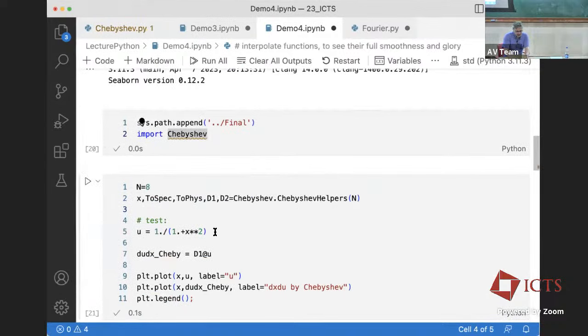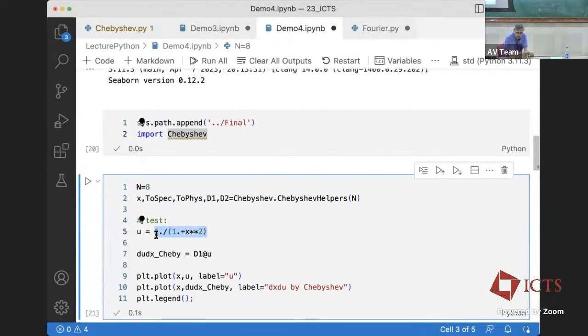And now we have a little test here. We're starting out with a Lorentzian for a change, 1 over 1 plus x squared. And this line 5 evaluates this Lorentzian at all the 8 grid points that are stored in x. So we have U at the grid points. And then we can compute the derivative of this function by multiplying matrix D1 with U, a matrix multiplication, which in Python is indicated by the at symbol.